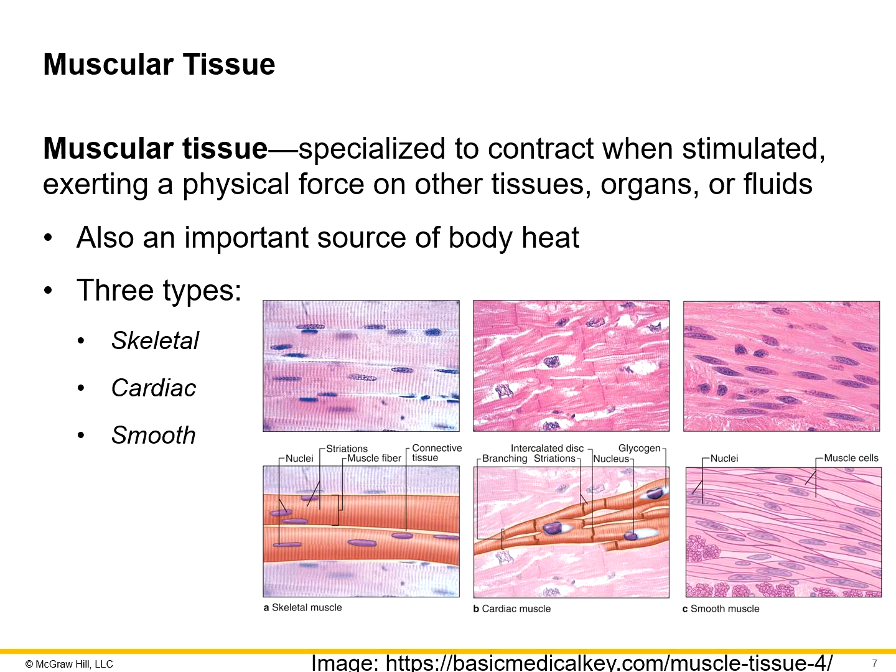it will exert a physical force on another tissue, organ, and fluid by shortening or contraction. And every time these cells shorten in contraction, they are generating a byproduct called heat.